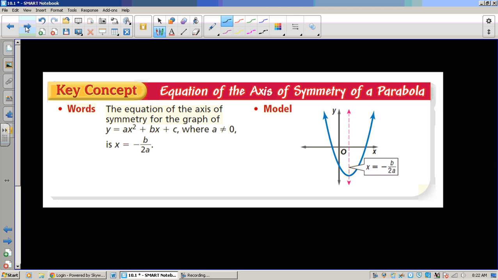Negative b over 2a. That you have to have memorized. That you're going to be tested on. You have to be able to come up with the line. So x is going to equal something. If x equals something, that graphs, what kind of linear graph?